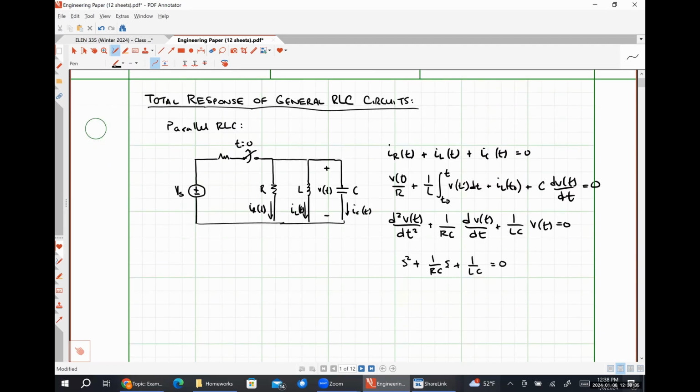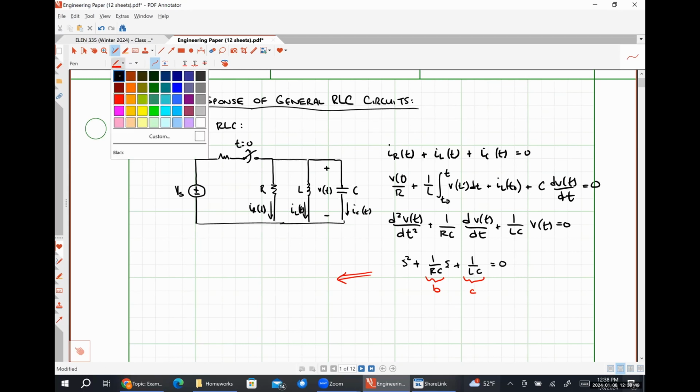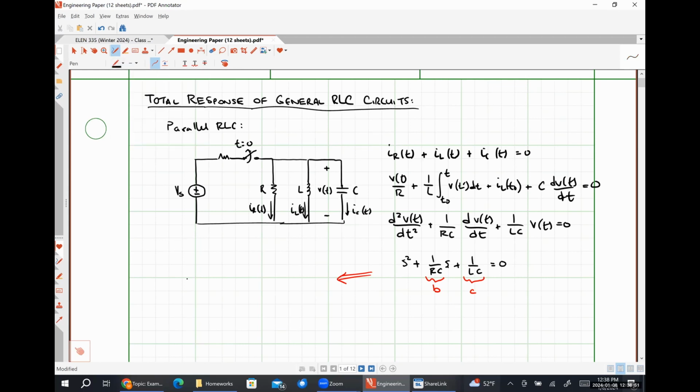I'm going to call this coefficient right here B, and this coefficient right here C. And then over here on the left, we found that alpha was defined to be 1 over twice RC, which is literally just that coefficient I've called B divided by 2.